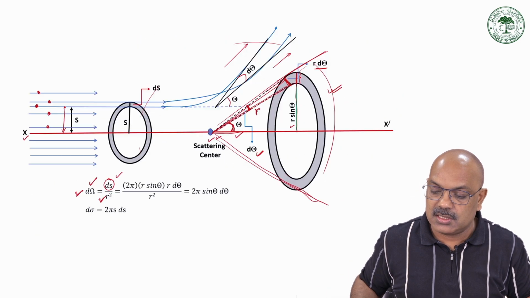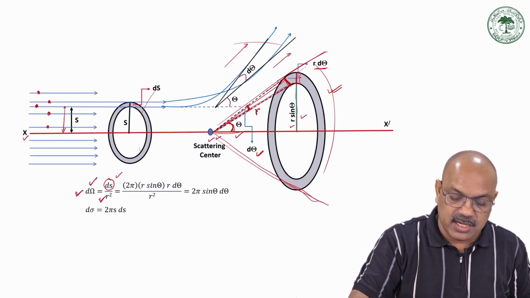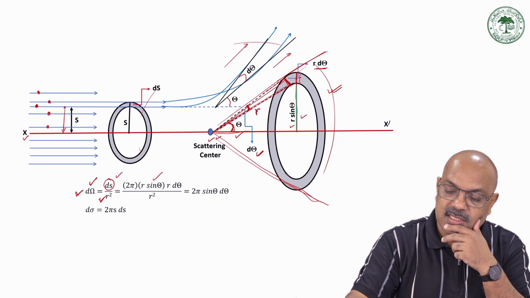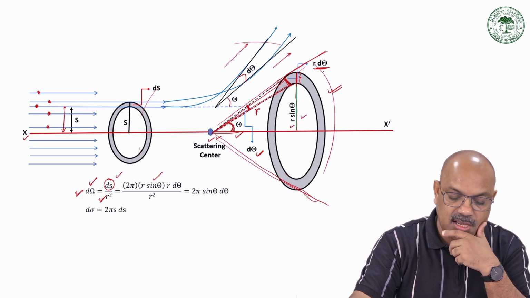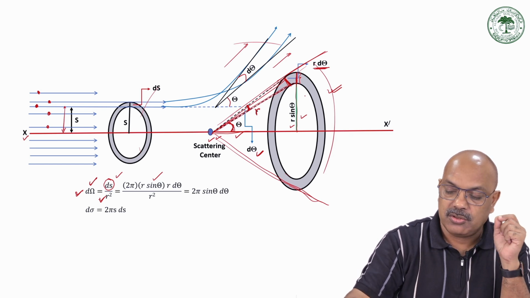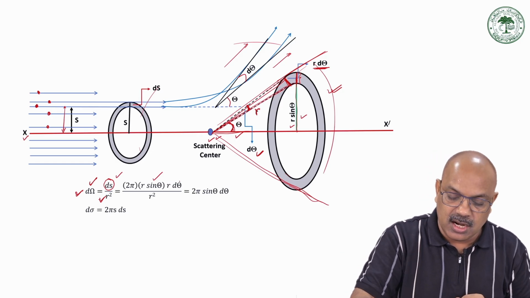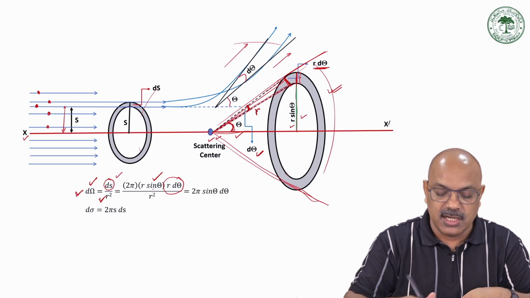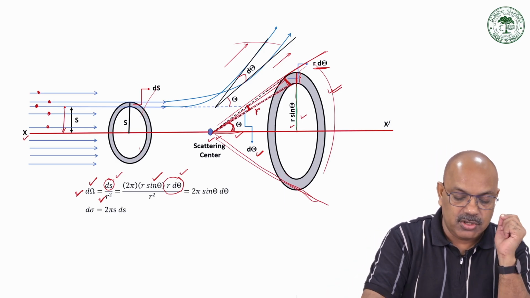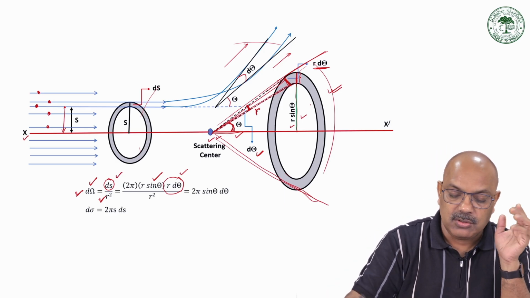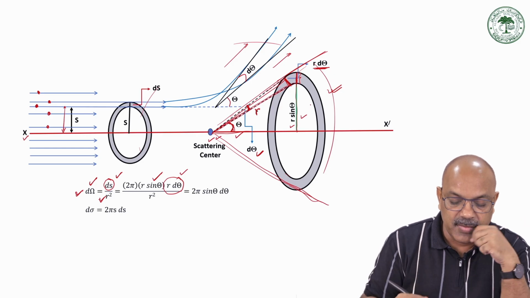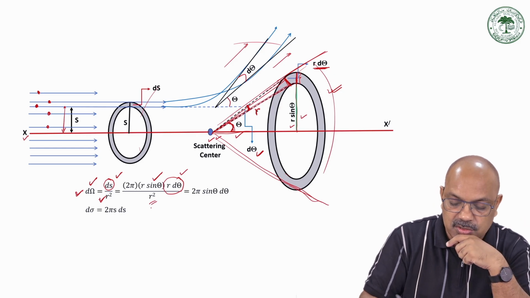Then there is also r d theta, multiplied by twice pi. So twice pi r sine theta is the circumference, and multiplied by the thickness r d theta gives you ds, the area you have considered, and then divided by r square. So this is twice pi sine theta d theta.